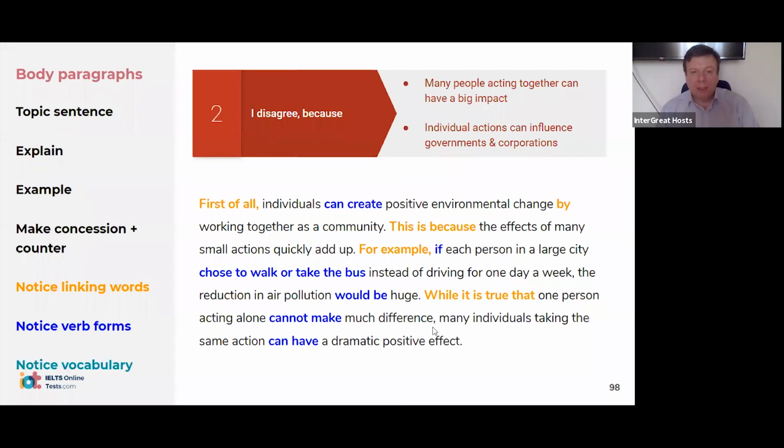And then vocabulary. Positive environmental change. So environmental change, collocation. Quickly add up. Dramatic positive effect. So a good range of vocabulary there. So just take a few seconds to have a look at that. You'll see the whole essay at the end.